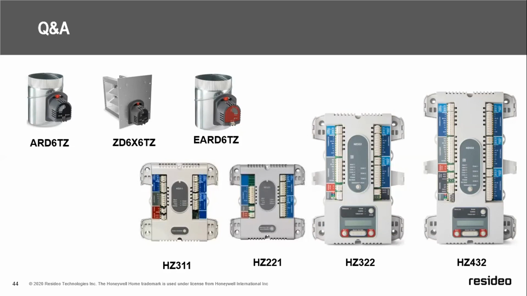What is the DSBK terminal and how do I use it? That is utilized to slow down a variable speed blower by taking 24 volts off of it when only one zone is calling.